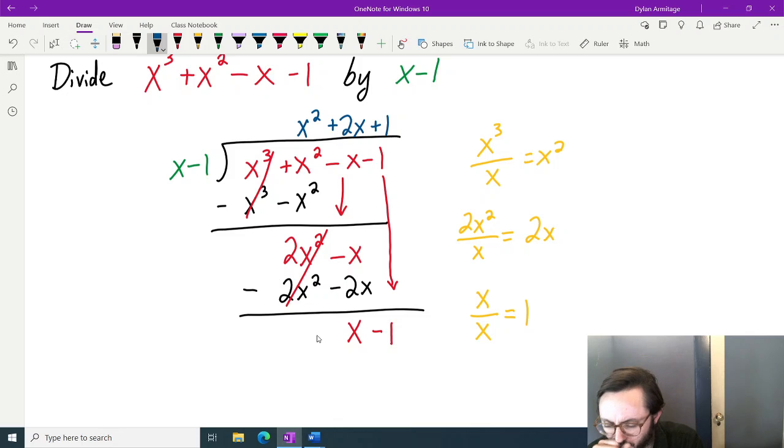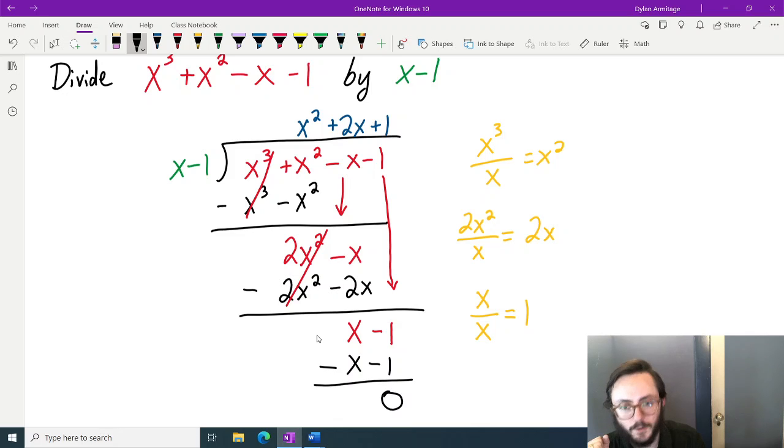Right? So now, x times 1 is x. X times negative 1, negative 1. When we subtract these, we get 0. We don't have a remainder anymore.